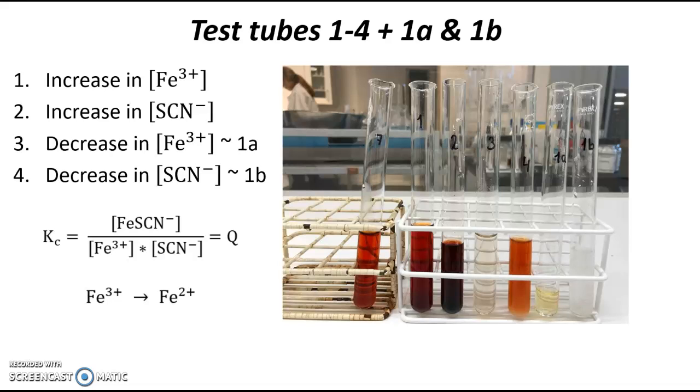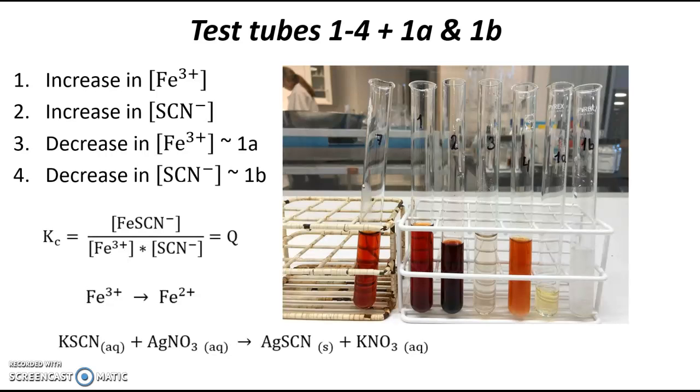In test tube 4, we decreased the thiocyanate concentration by first taking some potassium thiocyanate and adding some silver nitrate to it to see that the silver 1 thiocyanate formed a white precipitate, a solid salt, an insoluble salt, and also the potassium nitrate doesn't really matter, it's just spectator ions.